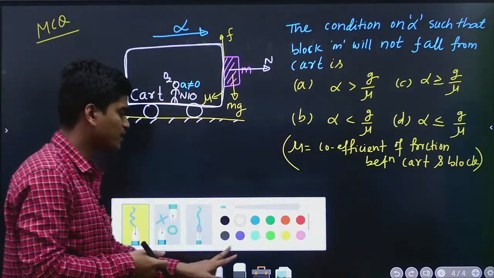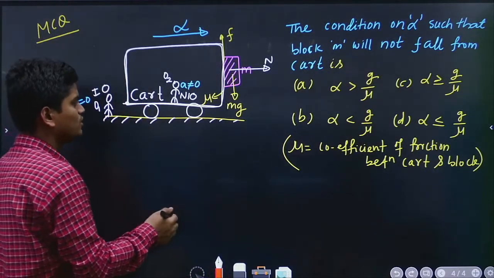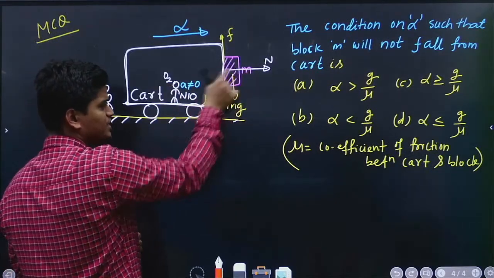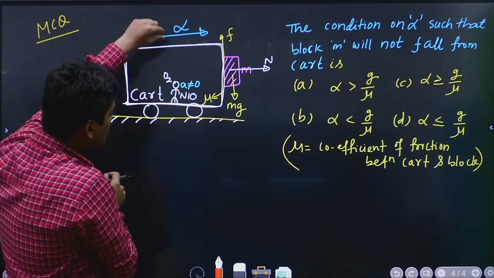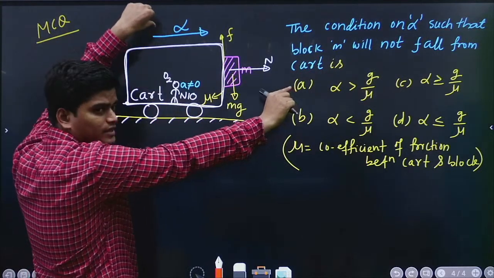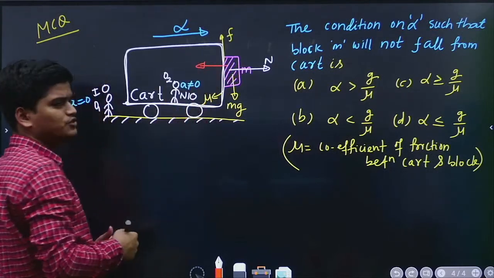Now the pseudo force to apply. I am applying pseudo force with a different color. See what I am doing. If you are applying pseudo force on this object, this is the object, this is the observer. What is the acceleration of the observer? Rightward direction. So you apply the pseudo force opposite to the acceleration of the observer.